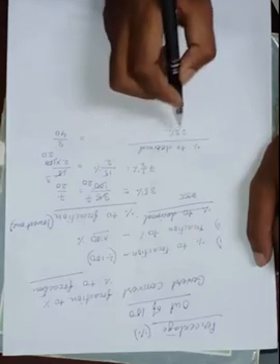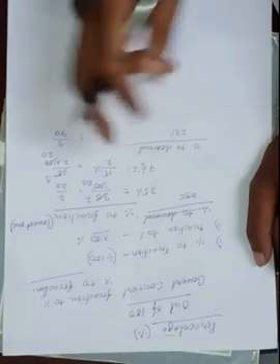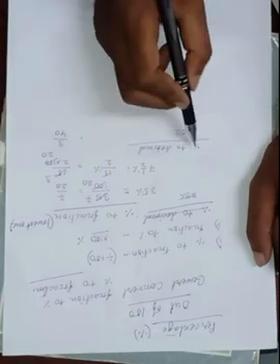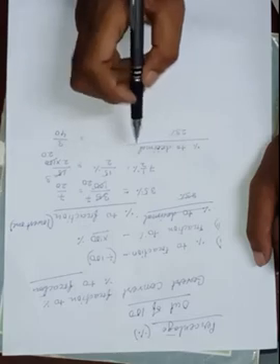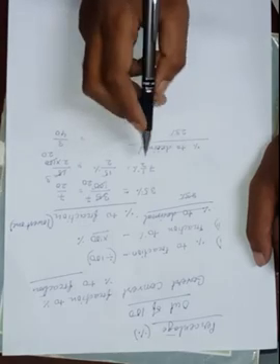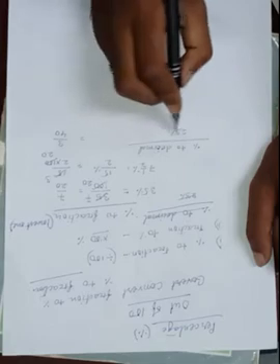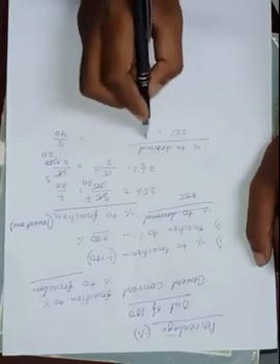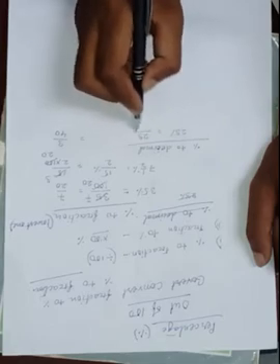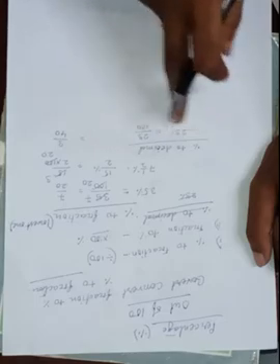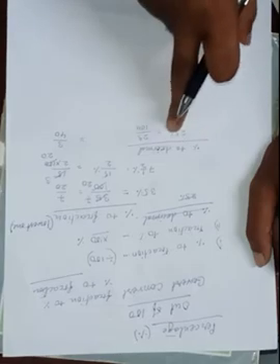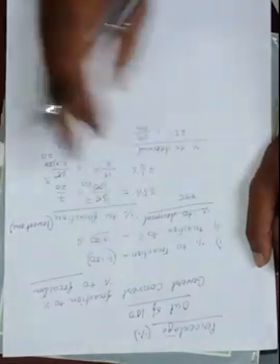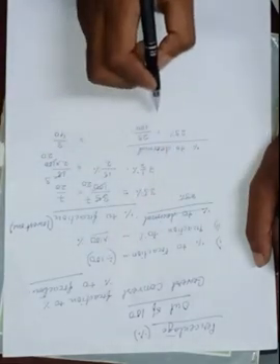Before converting something from percentage to decimal, at first we'll write it in fraction, and after that we'll convert it to decimal. So 23% will be 23 divided by 100. We know the rule: if we want to convert something from percentage to fraction, we have to divide by 100. Now 23 by 100.